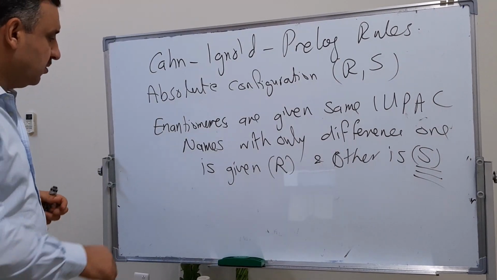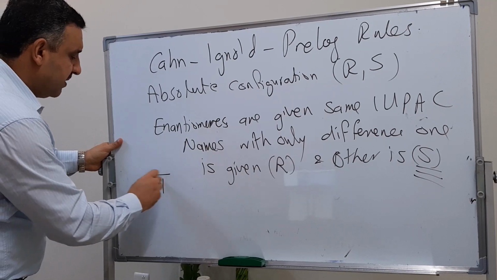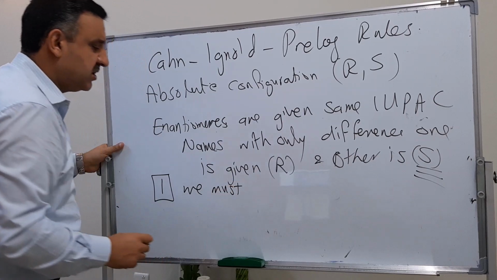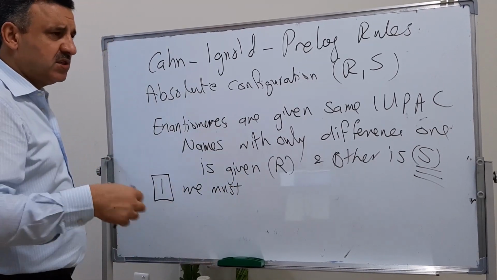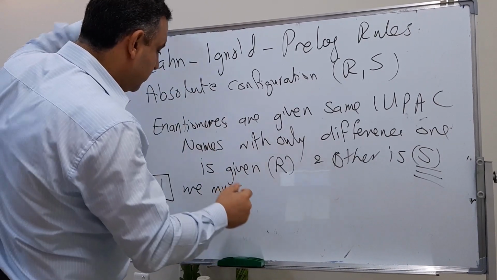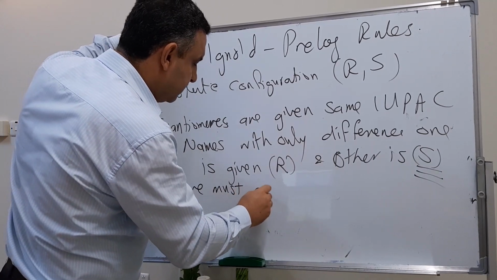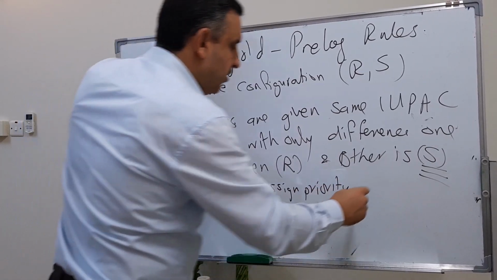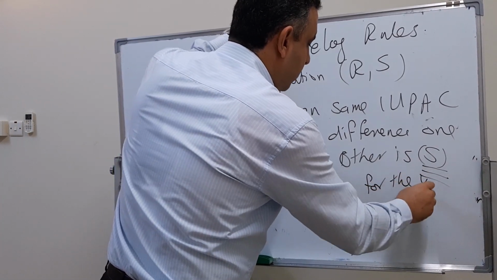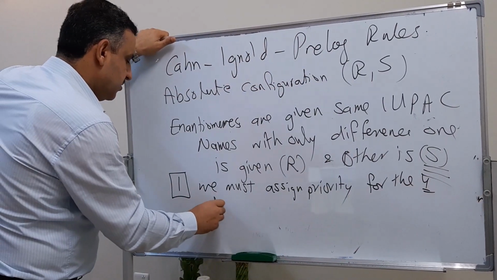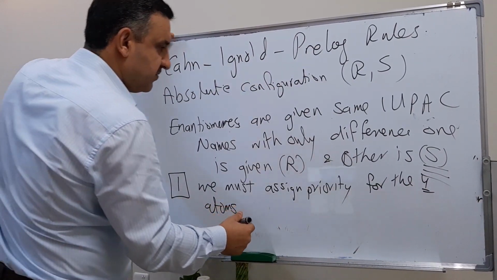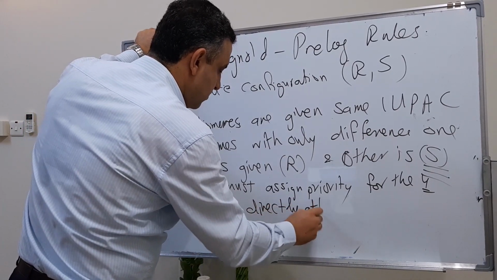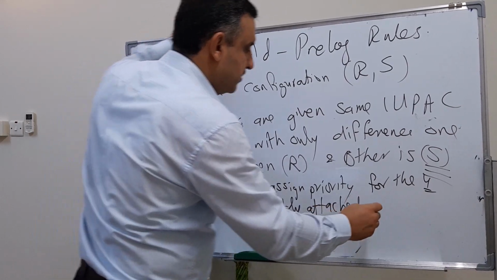Now, the first rule in this assignment: first we must assign priority for the 4 atoms directly attached to the stereocenter.